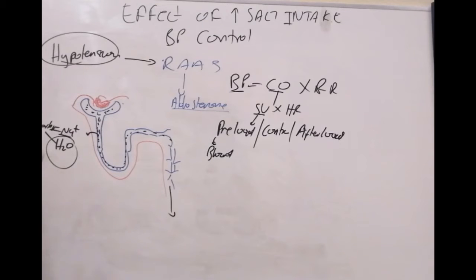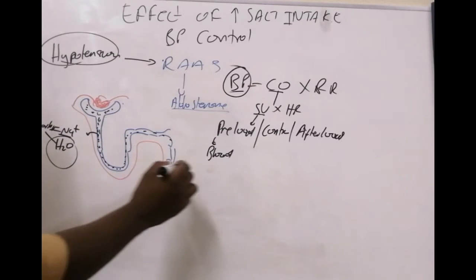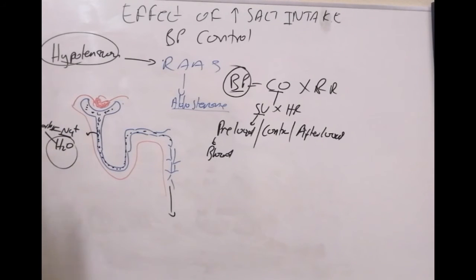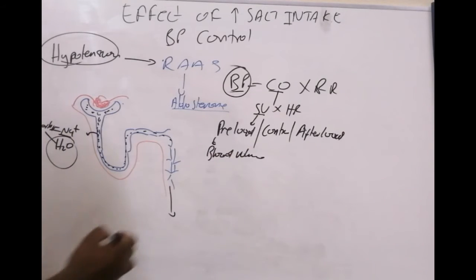So the body knows that if I have hypotension, if I can make sure that I don't lose fluid, I retain my fluid and absorb more water, blood volume will increase.